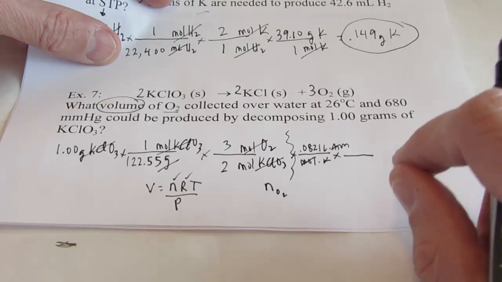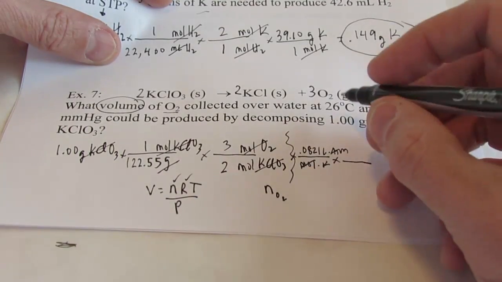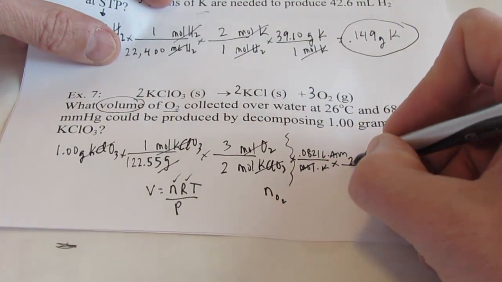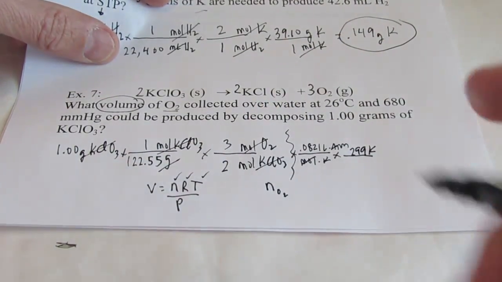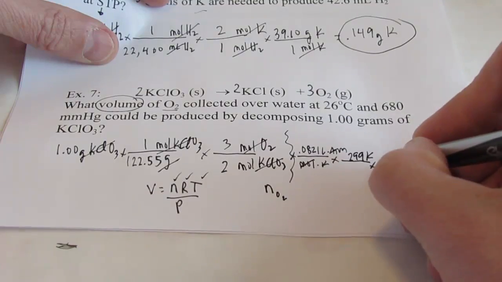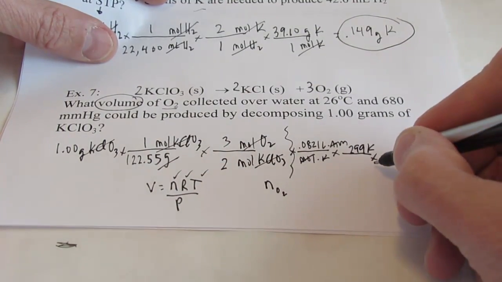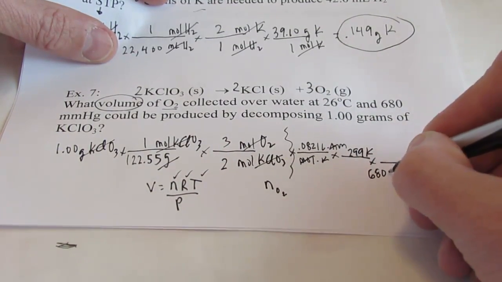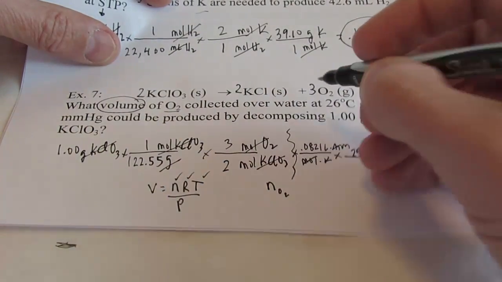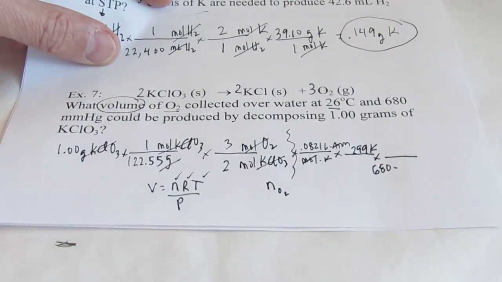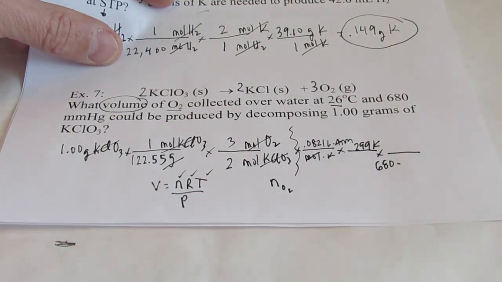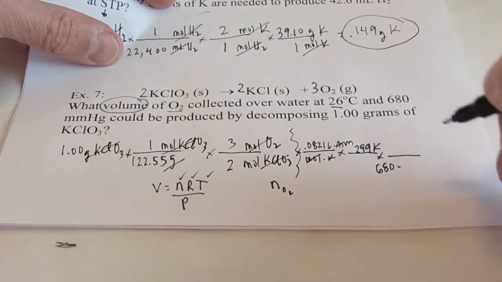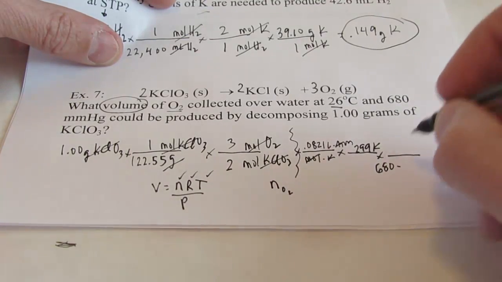You forgot to convert your Celsius to Kelvin. 26 plus 273 is 299 Kelvin. So there's my temperature. And then we need to divide by my pressure. Now, we have 680 millimeters here, but we're going to subtract out the vapor pressure of water at 26 Celsius. I looked that up for you, and the vapor pressure of water at 26 degrees Celsius is 25 millimeters of mercury.